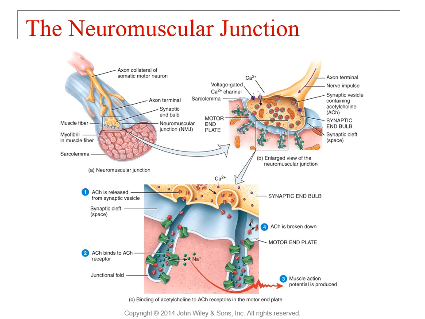That's going to allow sodium to rush into the muscle cell. That creates the muscle action potential, and very simply, that will travel down the entire length of the sarcolemma to allow the calcium within the cell to be released from the sarcoplasmic reticulum and start the whole contractile cycle. And of course, as you see in stage 4, the acetylcholine is broken down to be reused again by the axon should another action potential travel down again through the axon.